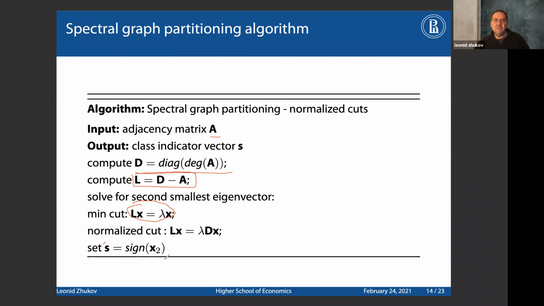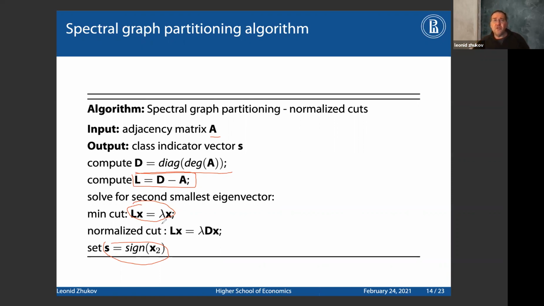Then you set up the indicator as the sign of the values in that eigenvector, and that's your solution, that's your partition. Those that have +1 will go to one partition, those that have -1 will go to another partition. It looks like magic, but you saw the math.